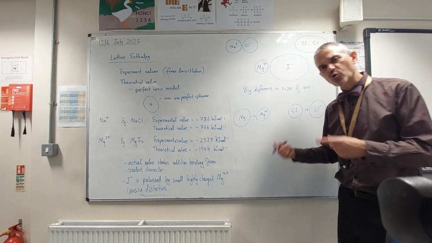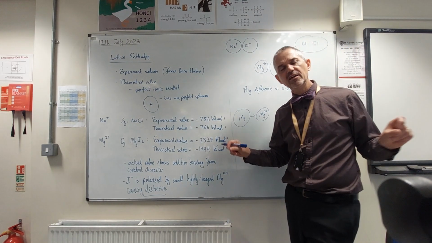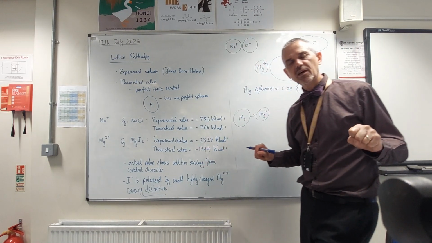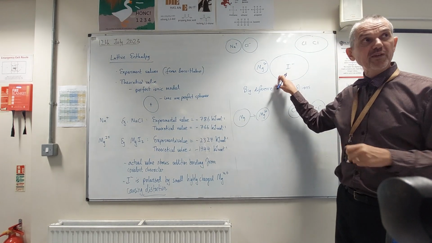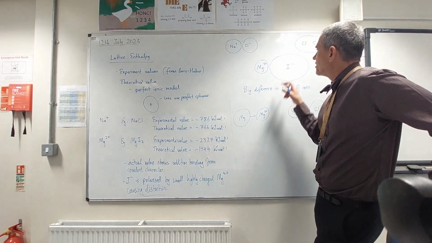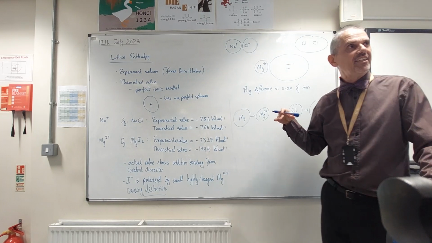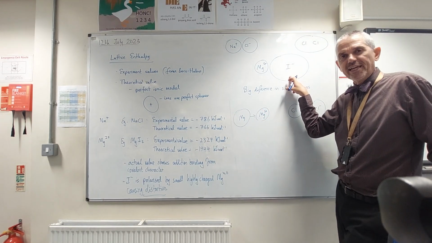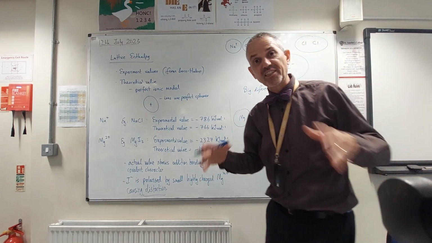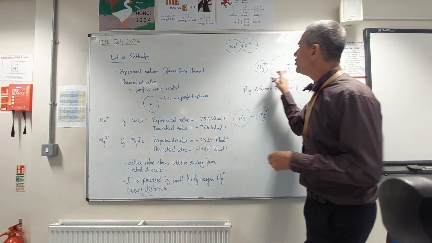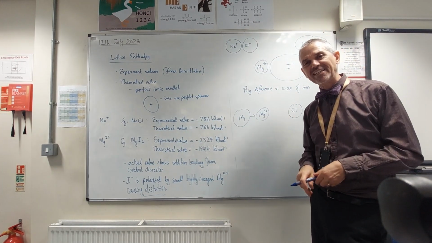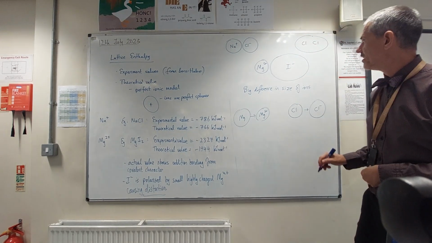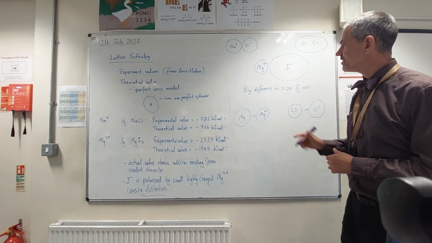So negative ions are already bigger than positive ions from elements in the same period. But of course, if we drop down a couple of rows, iodide is right down there. What has it got? 53 electrons. So it's a much bigger atom already. Add another electron, it's an even bigger ion. So you're going to get a huge difference between the size of the magnesium and the size of the iodide. So big difference in size.